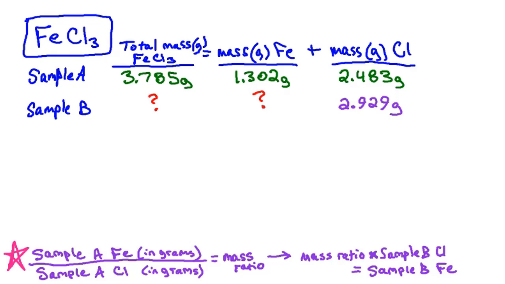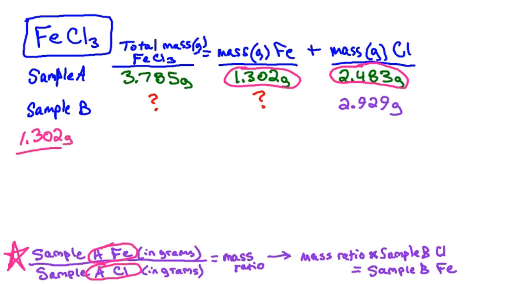So we're going to take the sample A of iron, which is 1.302 grams, and we're going to divide that by sample A of chlorine, which is 2.483 grams. So 1.302 grams divided by 2.483 grams, and that's going to give us 0.524 as a mass ratio.